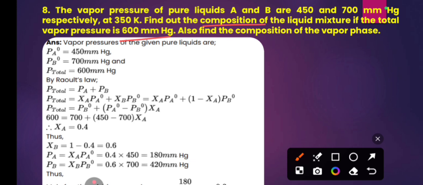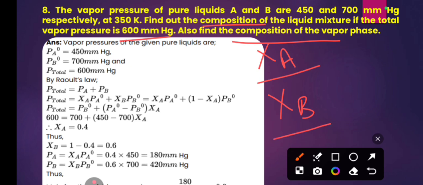Composition means you have to calculate the mole fraction of A and mole fraction of B. Again, one more thing is given here: you have to find out the composition in vapor phase, meaning the mole fraction in vapor phase also. XA and XB are given for the liquid phase. In vapor phase you represent them with YA and YB.